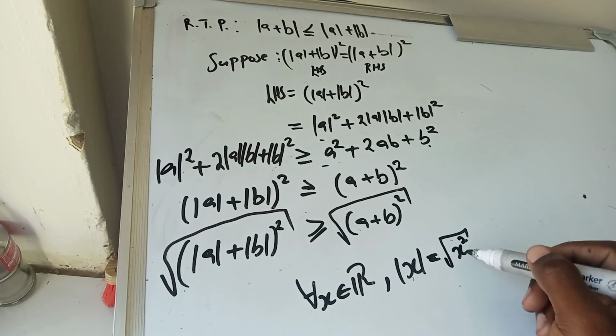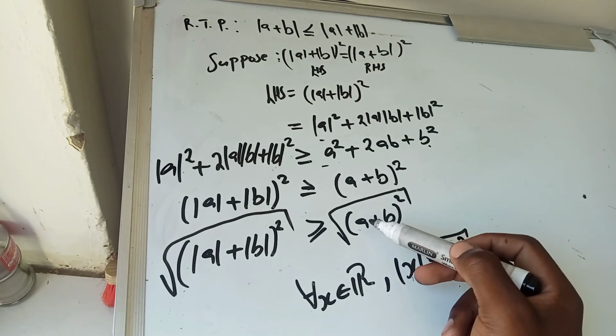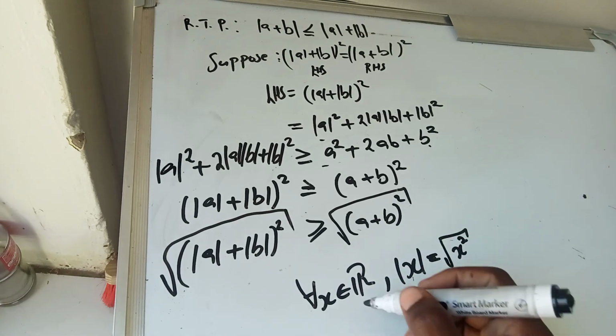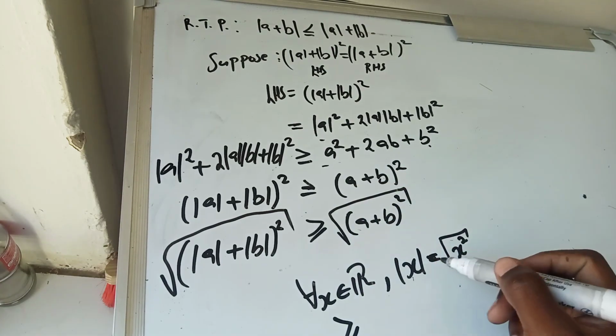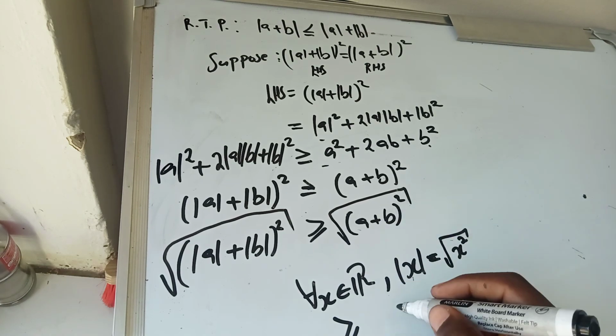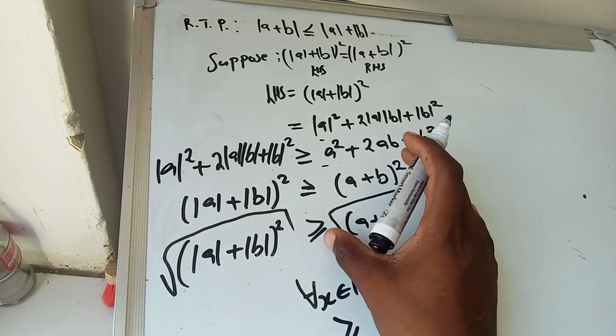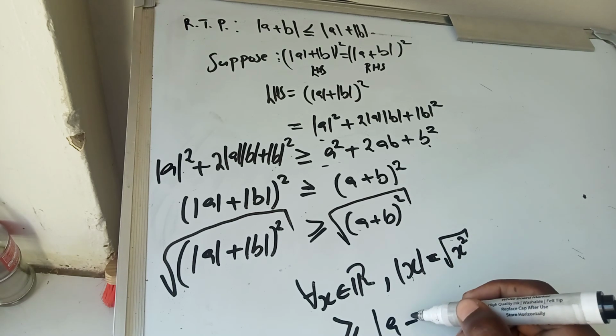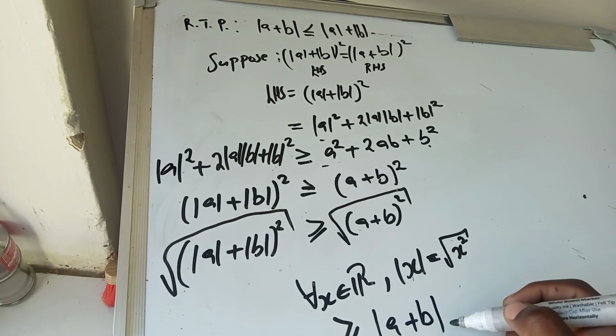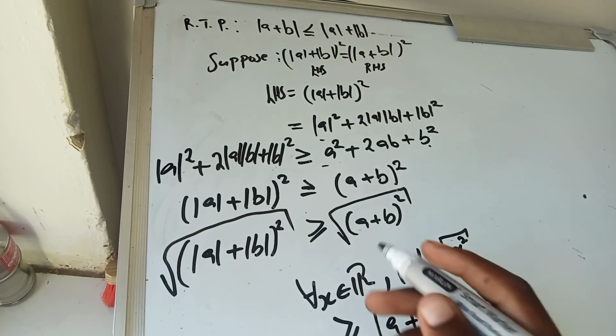So now, if you can see here, this is the square root of a plus b squared, which tells me that because of this, I can simply write this as the absolute value of a plus b.